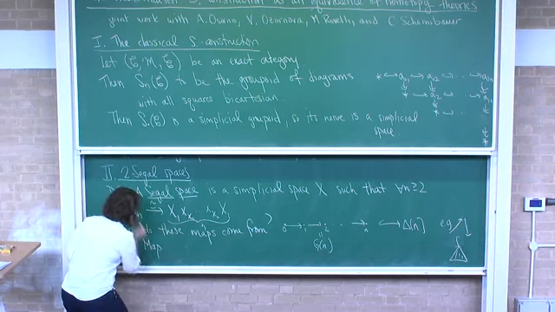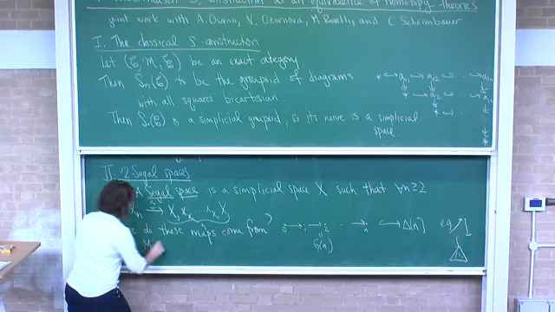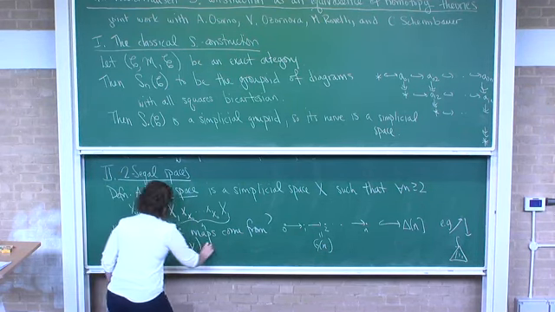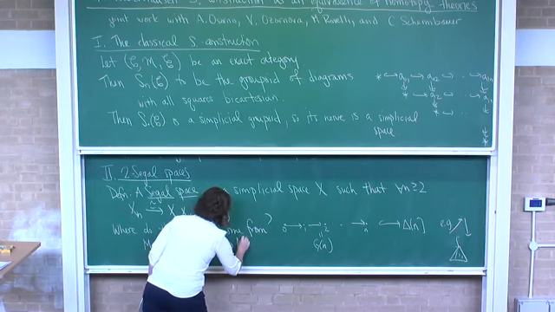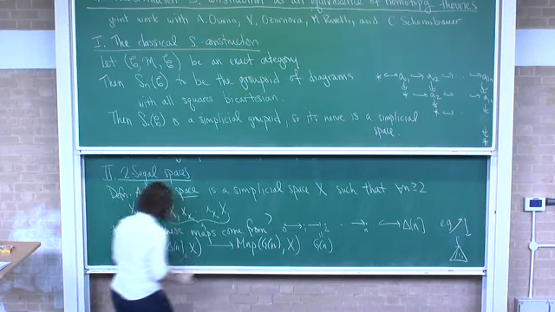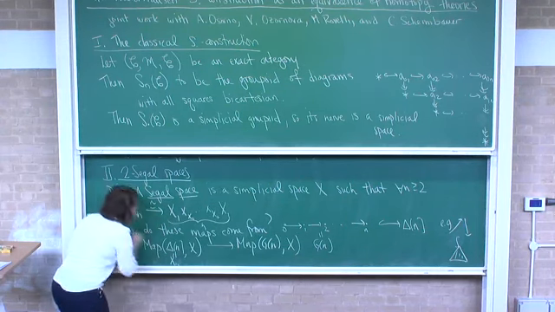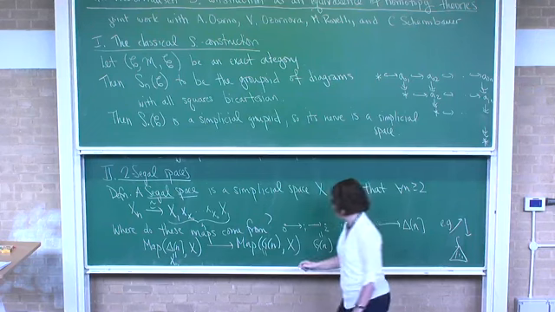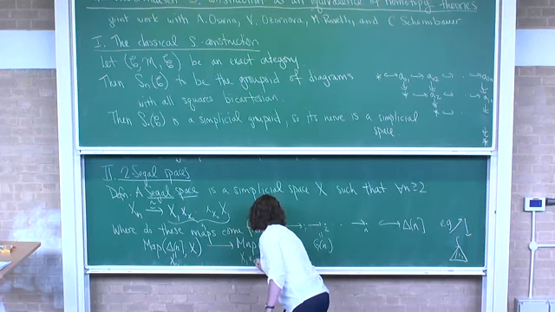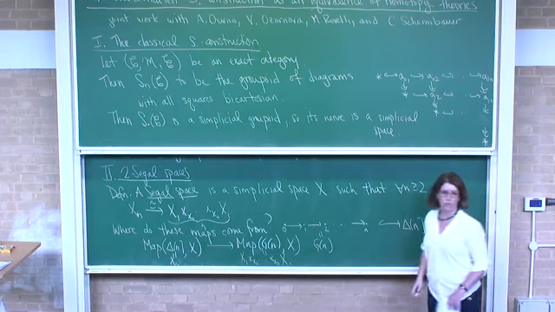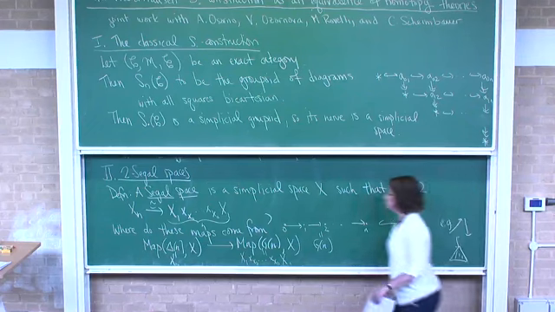So we can take maps from Delta^n into X, and we get a nice map to maps from G_n into X. This is just X_n, and this guy is just the right one. So that's one way to think about where that comes from.